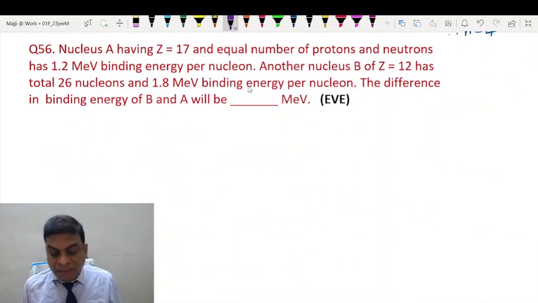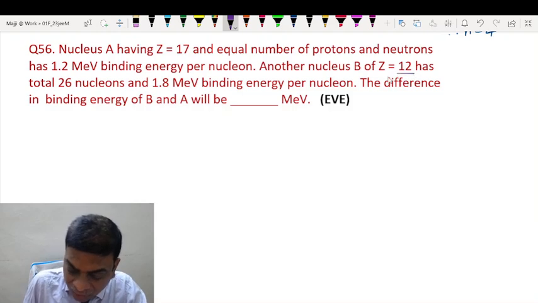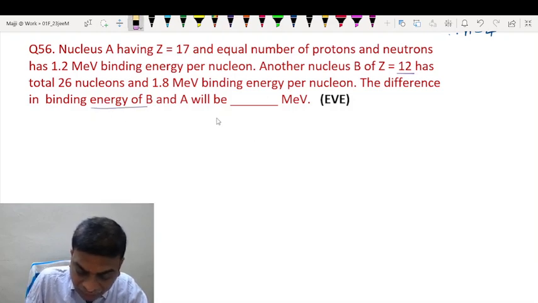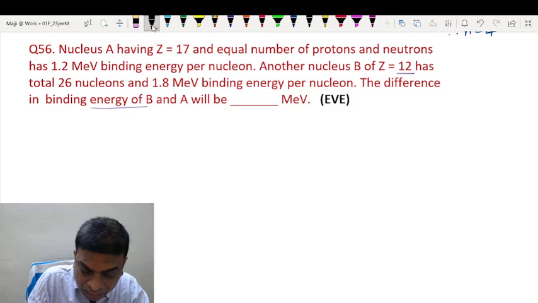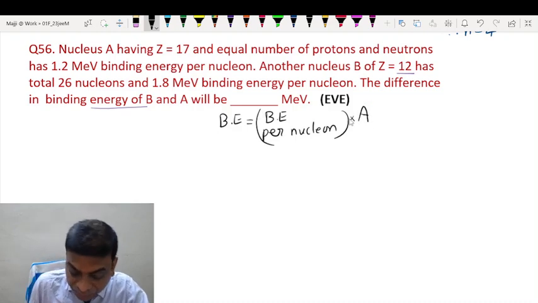Moving to the next question. A nucleus A having Z equal to 17 and an equal number of protons and neutrons has this much million electron volt binding energy per nucleon. Another nucleus B has Z equal to 12 and a total of 26 neutrons and this much binding energy per nucleon. Difference in binding energies. Now students, binding energy is equal to binding energy per nucleon multiplied by the number of nucleons, which is nothing but the mass number.